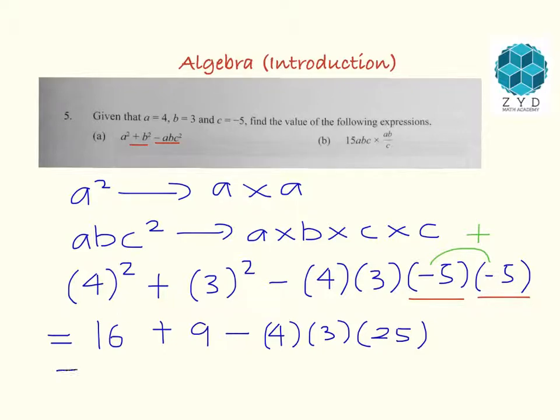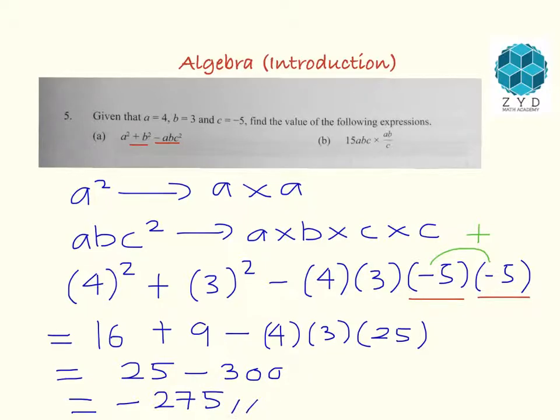So we will have 16 plus 9 is 25. Negative times positive is a negative. Negative multiplied by another positive is a negative, and negative and positive is also a negative. So 4 times 3 times 25 is a minus 300. That gives us an answer of negative 275.